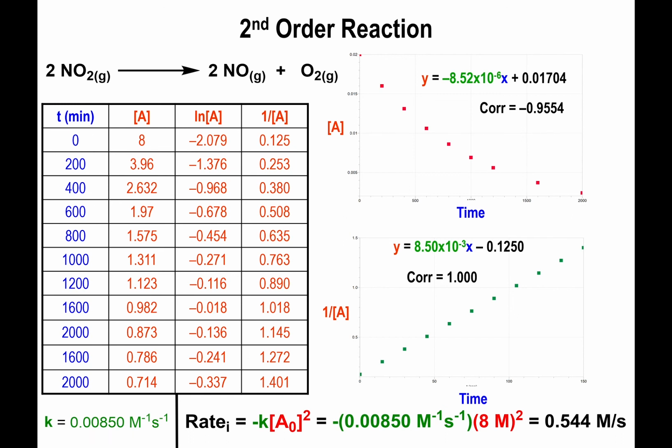But as you can see, finding the best line upon plotting concentration versus time, or ln of A versus time, or 1 over concentration versus time, is the means by which we find out which order we're dealing with. Also the means by which we determine which rate constant we're actually going to use, and also the means by which we can find out the initial rate of the reaction.